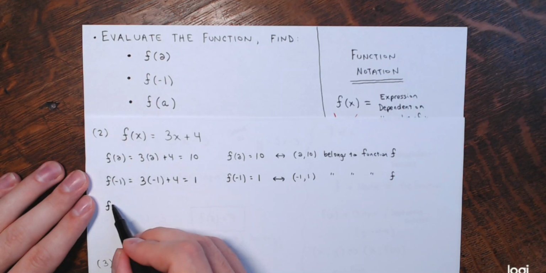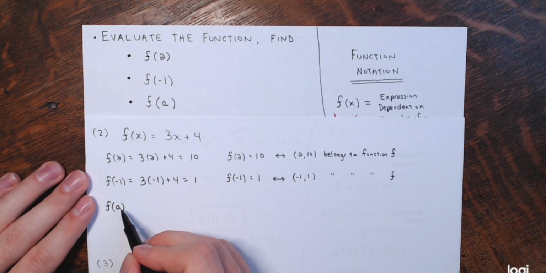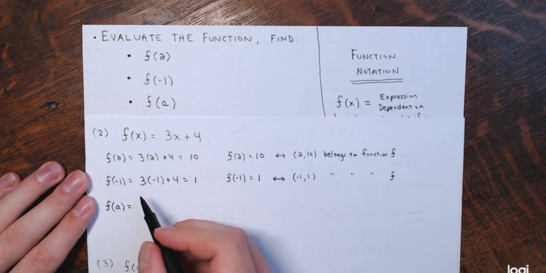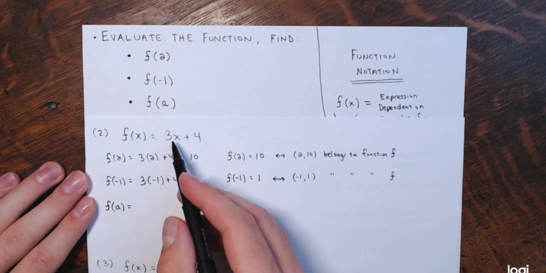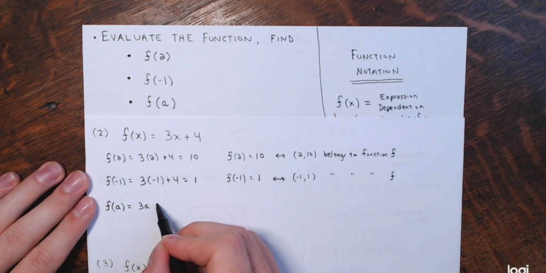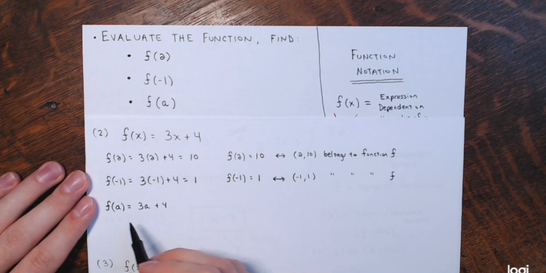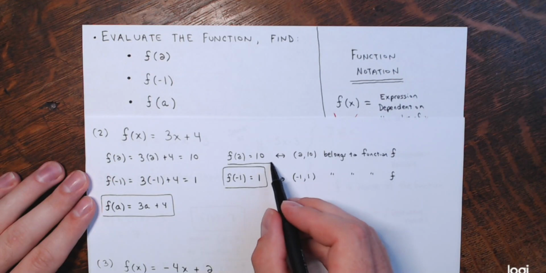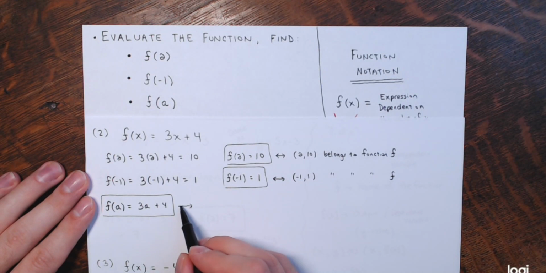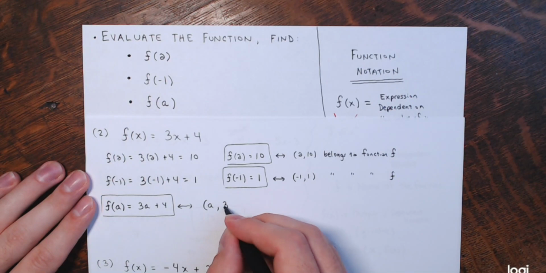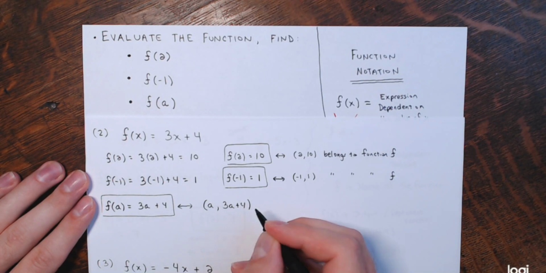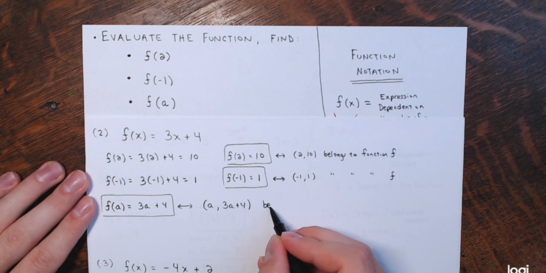And the value of f at any value a is the same thing. Go through the rule and replace x with a. So that'd be 3 times a plus 4. And that's it. And something that has an equivalent meaning is that an ordered pair a, 3a plus 4 belongs to f.